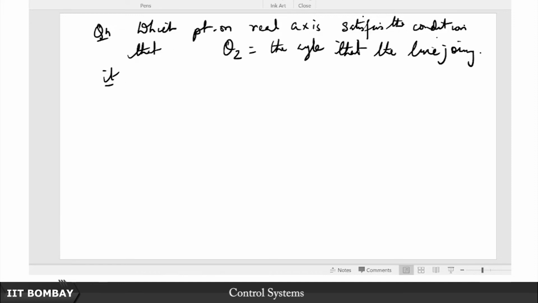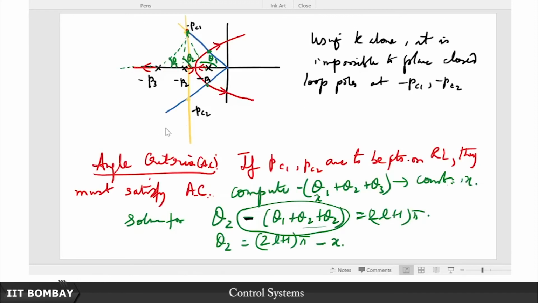Which point on the real axis satisfies the condition that theta z, the angle, is equal to the angle of the line joining it to PC1, equals 2l plus 1 times pi minus x. Once I have answered this question, I will just put the 0 over there and done, voila.